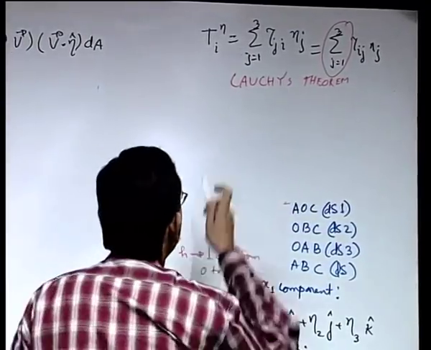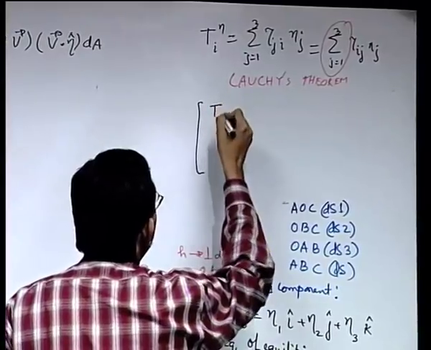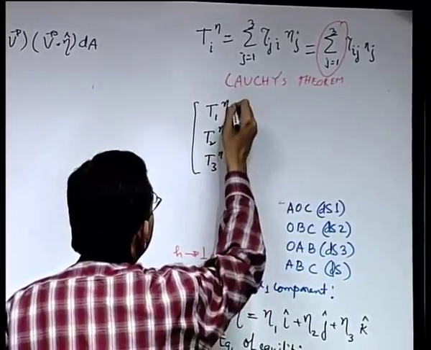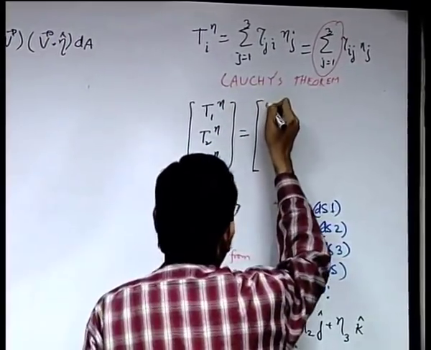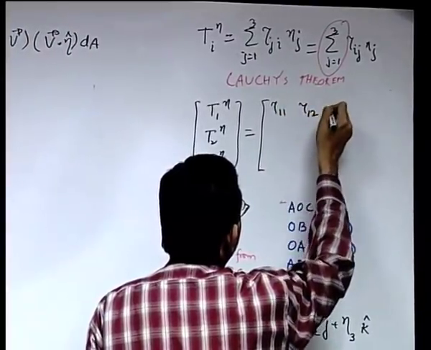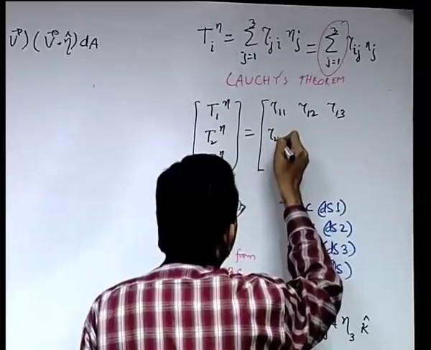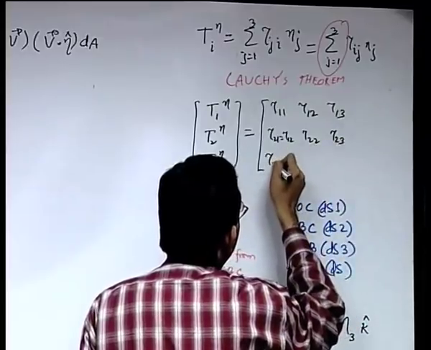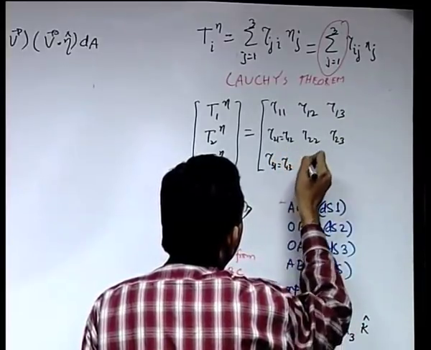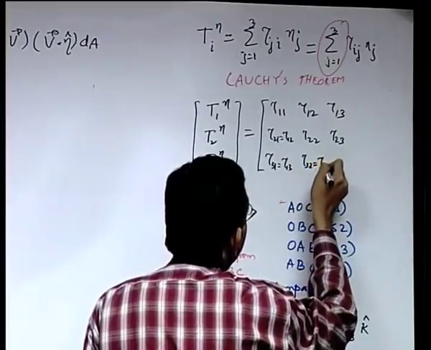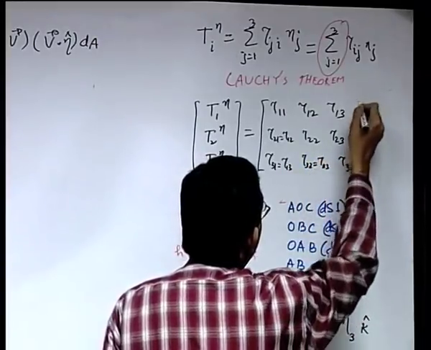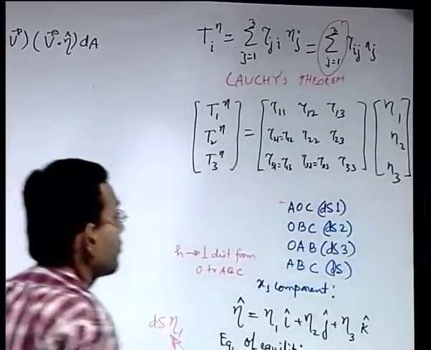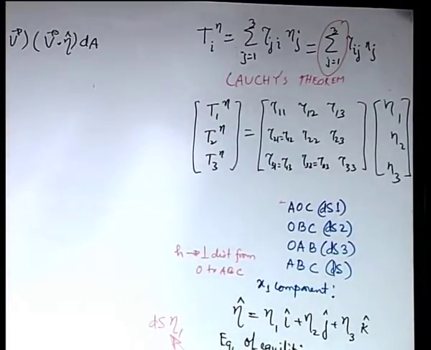So, you can write its components. You can see that we get two interesting vectors.